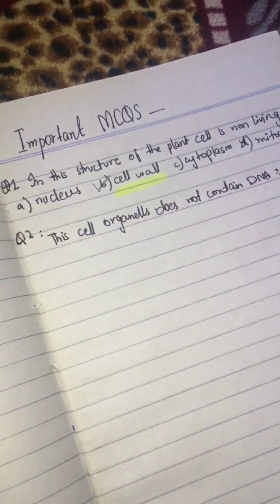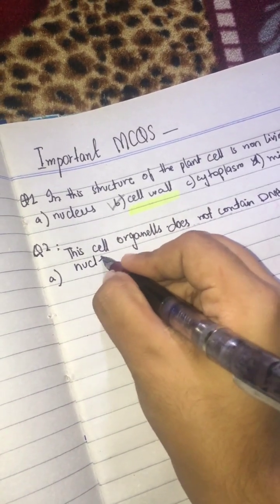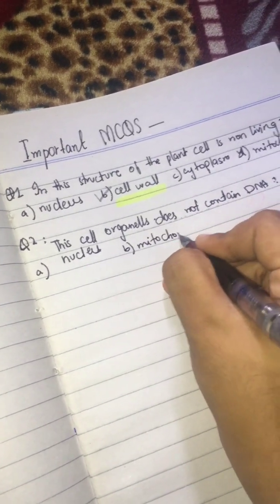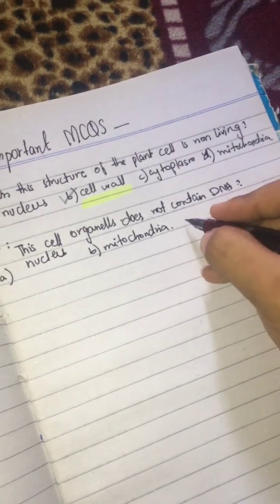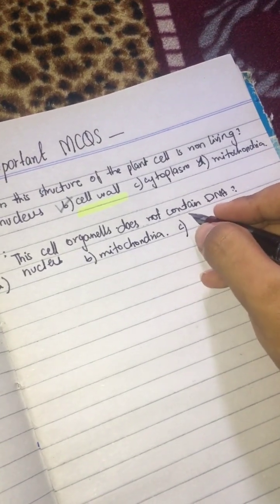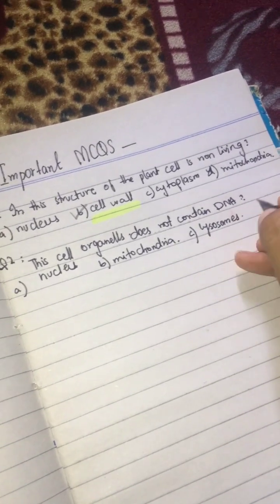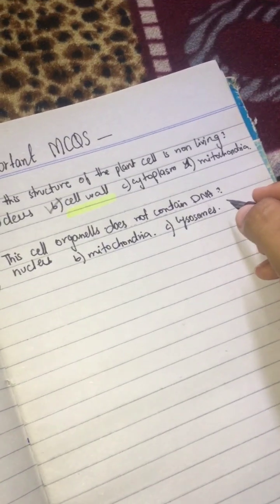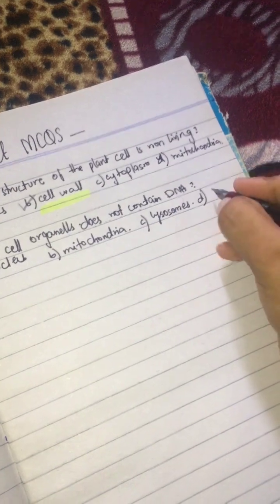Options: first option is nucleus, B is mitochondria. Even if you know these answers before me, you can write or guess, and give yourself marks. We will be doing, I guess, 12 MCQs. So give yourself marks for how many you got right. Okay, so last is chloroplast.